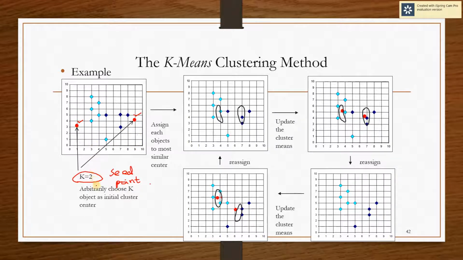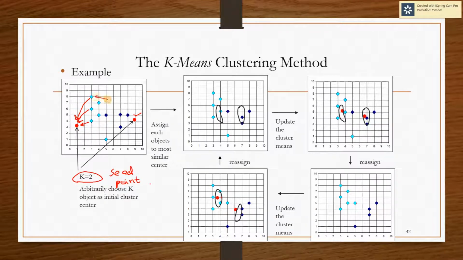For example, we have 1,3 and also 9,4 here, and then you are going to assign each object to the most similar center. So this is the first center, this is the second center. You are going to assign each of these objects to their similar center.